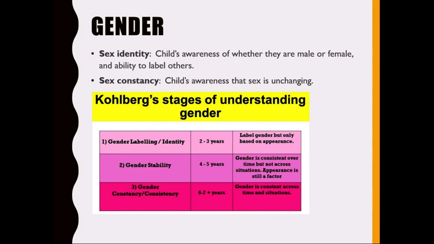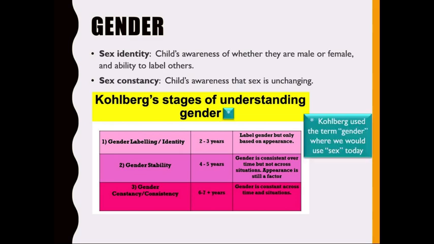Kohlberg, if you recall from when we were talking about moral development in the last lecture, just like he developed stages of moral development, developed stages of understanding gender. I'll put my little asterisk here and say Kohlberg used the term gender where we would use the word sex today. So I'm going to say sex, you're going to read the word gender.